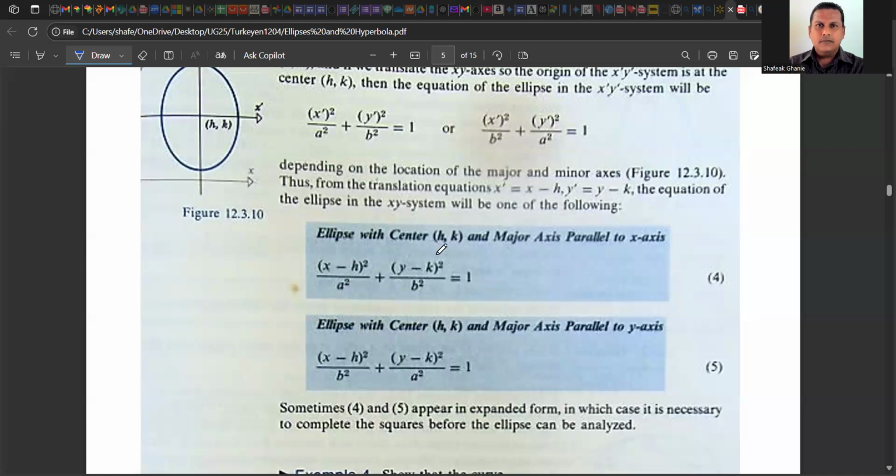You'll see an example in just a moment. You will figure out from the size of A and B whether it's oriented with the x-axis as the major axis or the y-axis as the major axis. As you do many of these, you should already be able to pick that out.